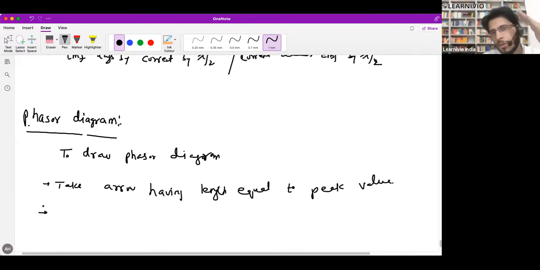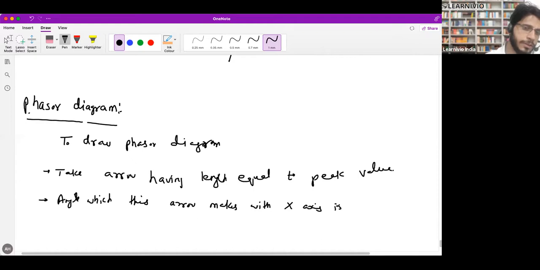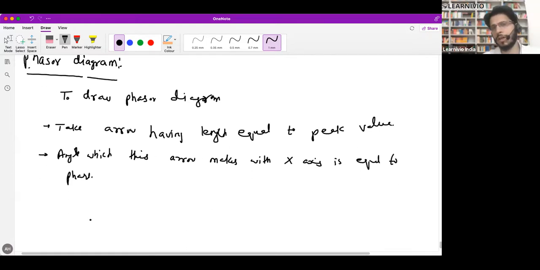The inclination of that arrow with respect to the x-axis is basically the phase angle. The angle which this arrow makes with the x-axis is equal to the phase of the arrow. This is how we draw a phasor diagram.